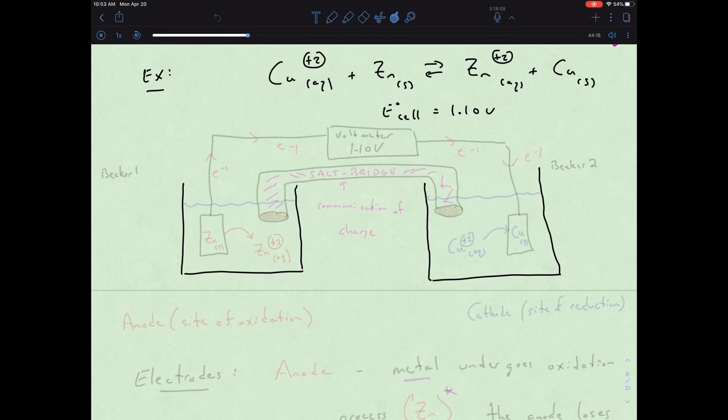Right, so we can have beaker 2 and beaker 1. And they have a solution within each one. We have two electrodes that are placed into each vat. And so the electrode is just a place for electrons to be actually transmitted.